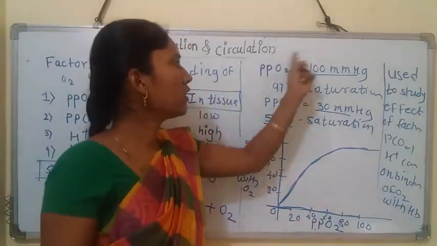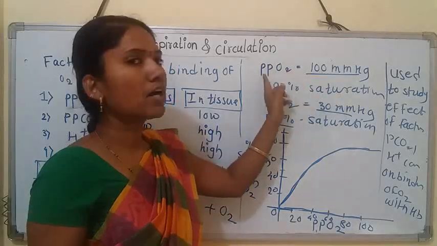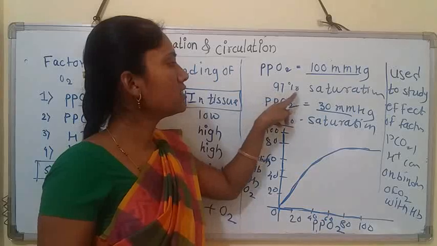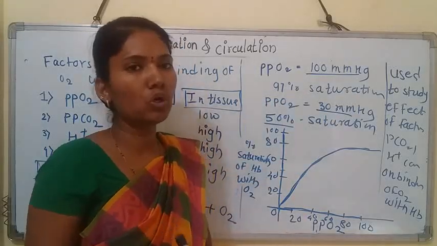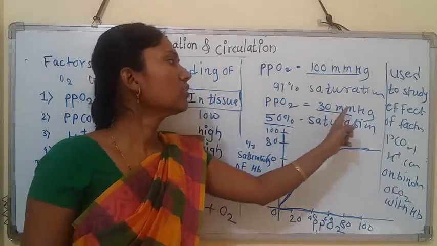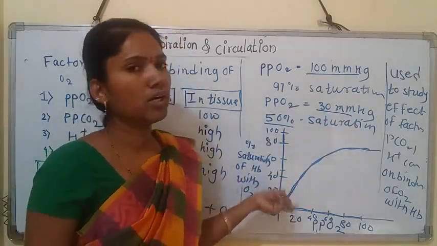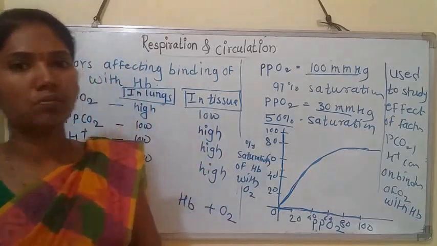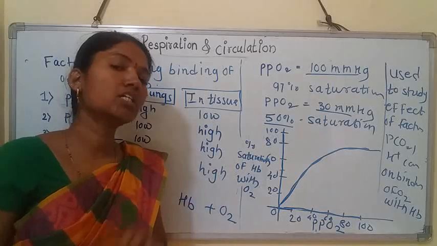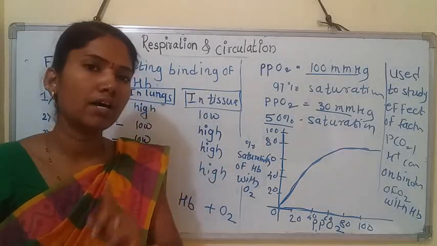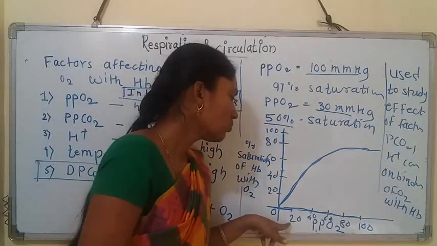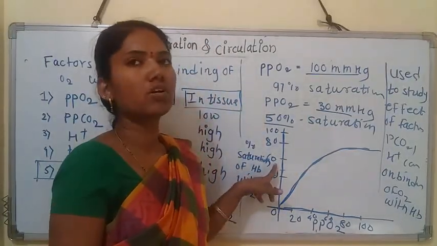Now in the state board, an extra point is given: when partial pressure of O2 is 100 mmHg, then 97% saturation of hemoglobin takes place. But when partial pressure of oxygen is 30 mmHg, then only 50% saturation of hemoglobin takes place. Next we learn this curve. The name of this curve is oxygen dissociation curve. You have to remember what is given on the x-axis and what is given on the y-axis.